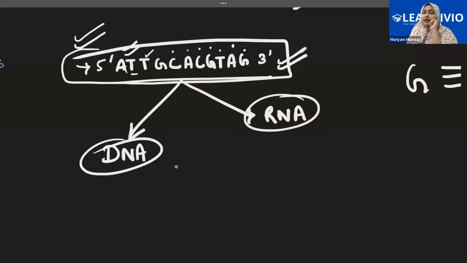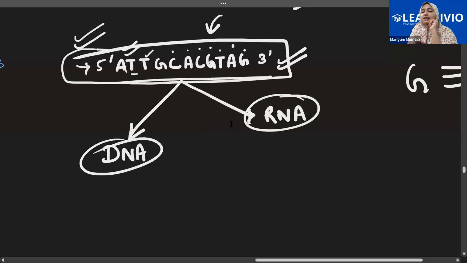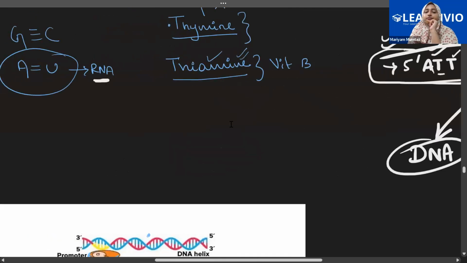This is why the process is known as template dependent. New base pairs are not going to be made by themselves. Against the ones that have already been there, complementary to them, the new sequence will be provided. Clear to you all? That is why it is known as template dependent.